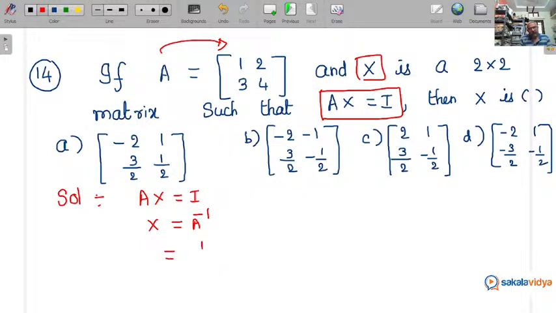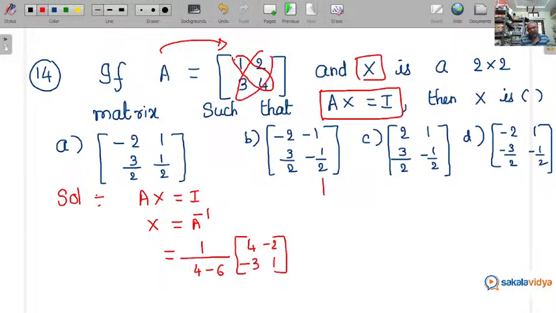So, A inverse is equal to 1 by (AD minus BC), so 4 minus 6, and adjoint matrix. Adjoint matrix means interchange the first row elements, 4 and 1, and change the sign of the other elements. So, this equals -1/2 into [[4, -2], [-3, 1]].